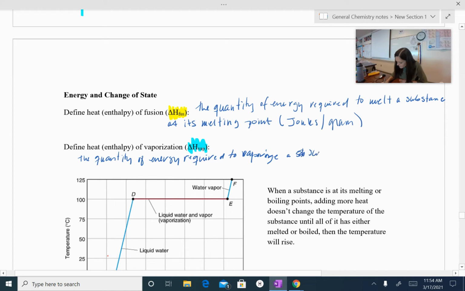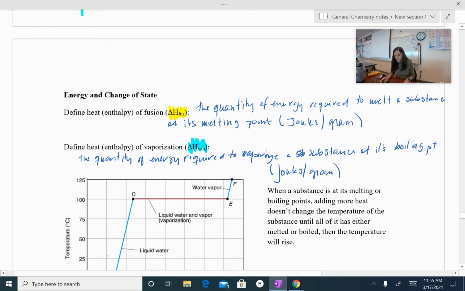Oh my gosh, I can't spell. Once again, this is done in joules per gram.